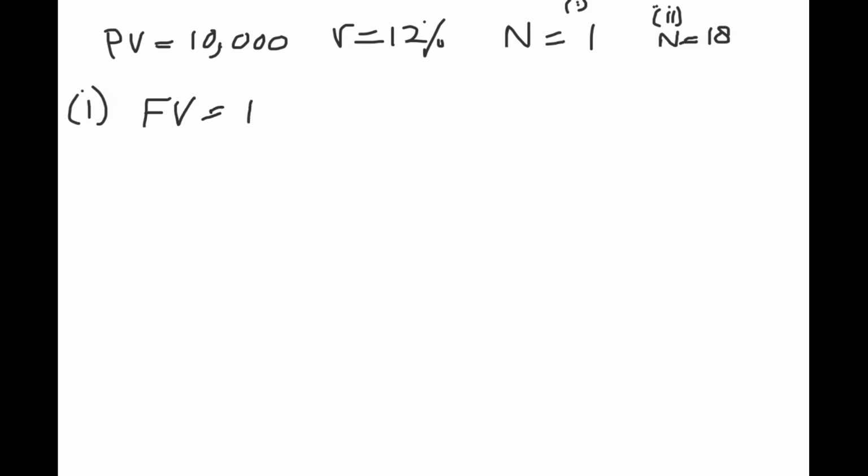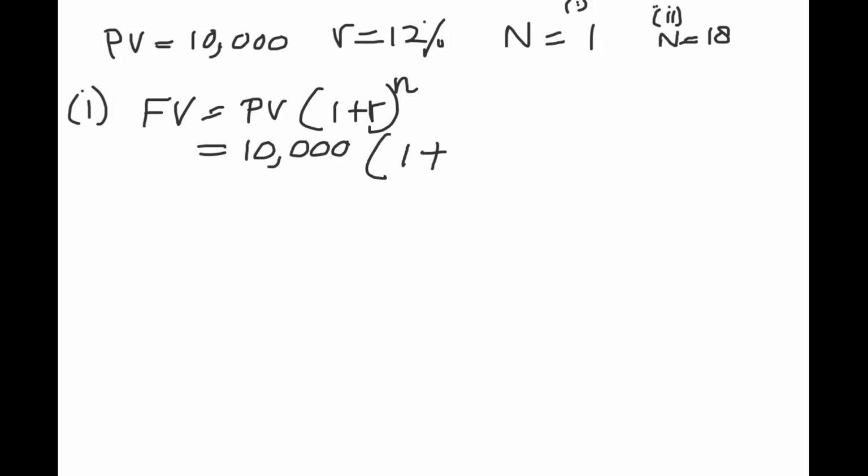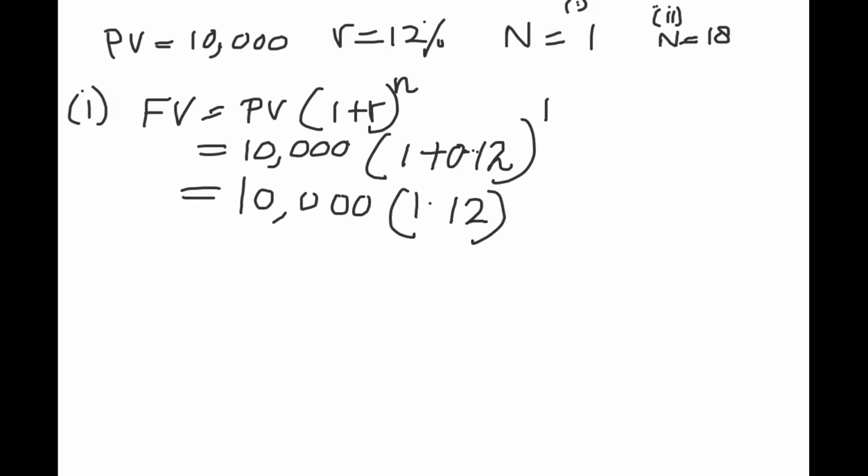Future value FV equals present value into 1 plus R to the power N. Then you can substitute the values: 1 plus 0.12 to the power 1 because N is 1. Then you can simplify this, 1.12 to the power 1. Then the answer will be 11,200 rupees.